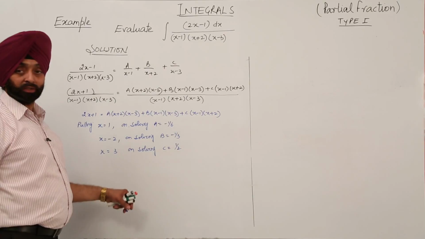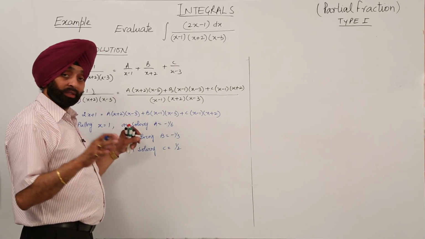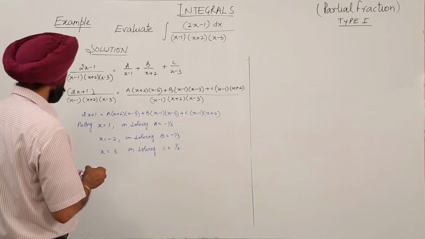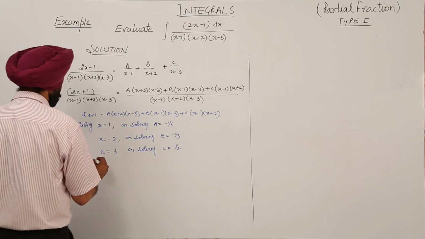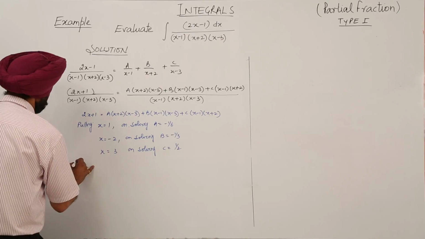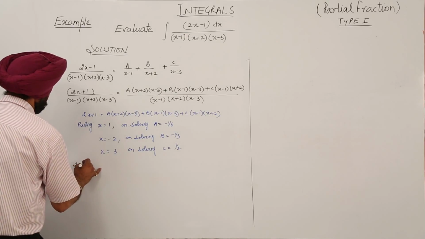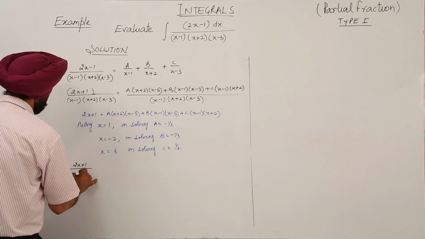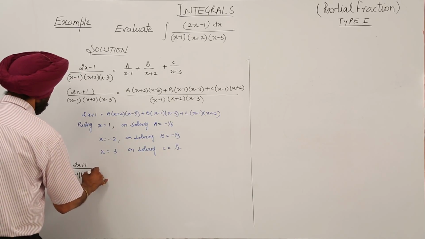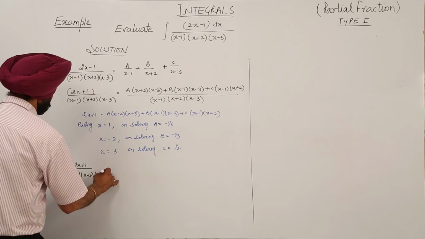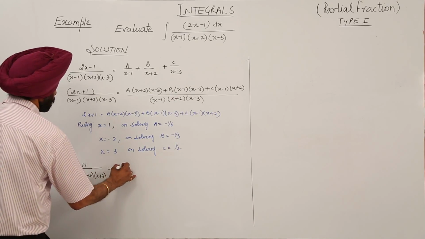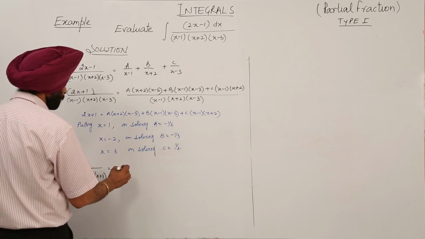Okay, on solving means what? You have to solve it. I have already solved this question. Now we can write it: (2x plus 1) upon (x minus 1)(x plus 2)(x minus 3) is equal to A, which is minus 1 by 6.